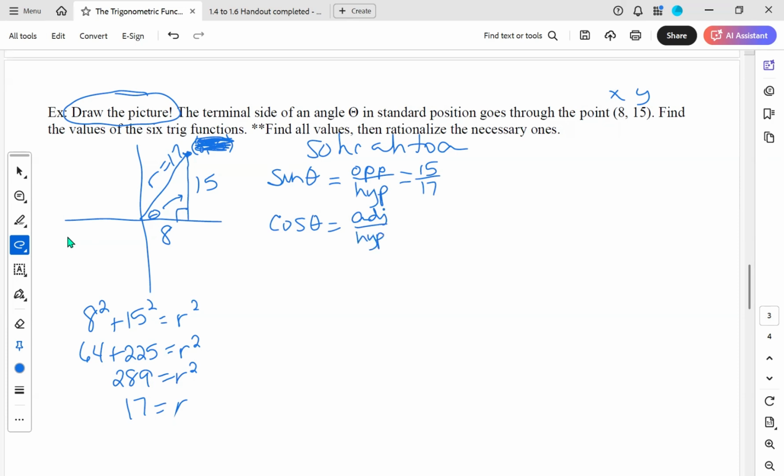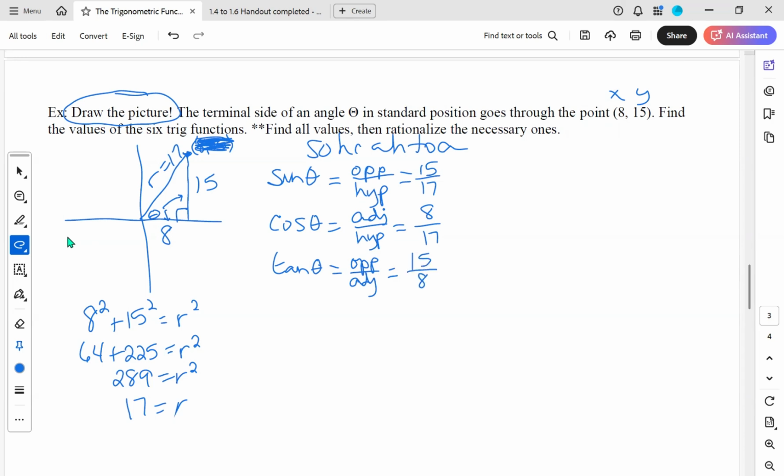Adjacent means right next to. So our adjacent is the 8 over 17. Now tangent, I can use opposite over adjacent if you want to remember that. Or you could use sine over cosine. It doesn't matter which. In either case, you're going to get 15 over 8.